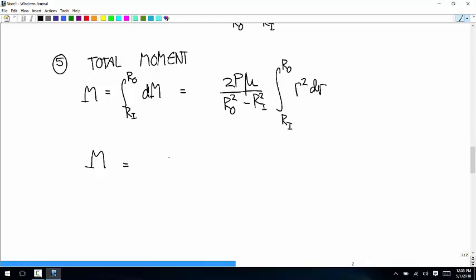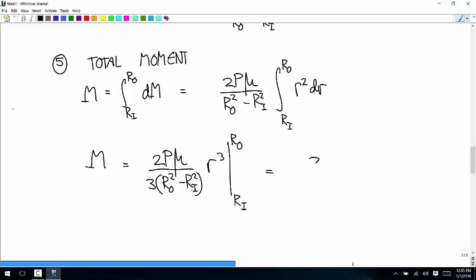So I'll pull out the 3 also. So we get 2P mu over 3 times the quantity r outer squared minus r inner squared, and then times r cubed, evaluated from r inner to r outer.